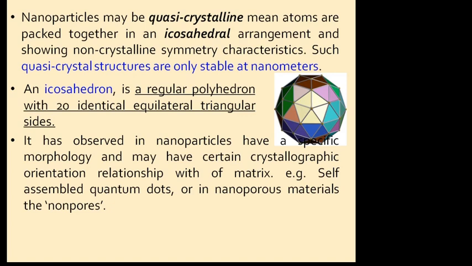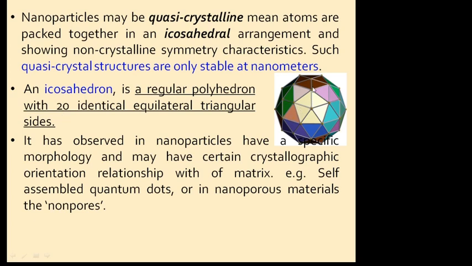Some examples they have given: atoms or molecules are packed together in something like an icosahedral arrangement. This example is given here, icosahedral, or even the fullerene ball is also a good example of icosahedral. Basically, the word icosahedral came from icosahedron, that means there are 20 or more faces.